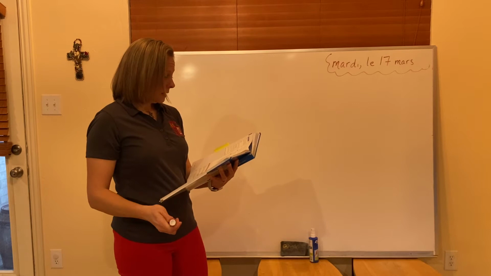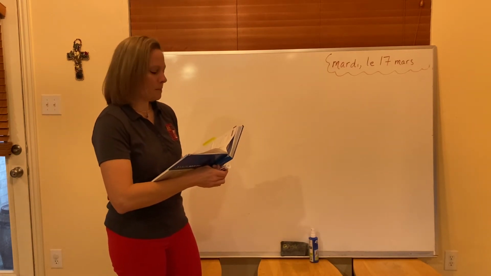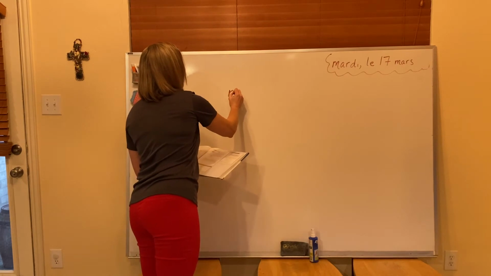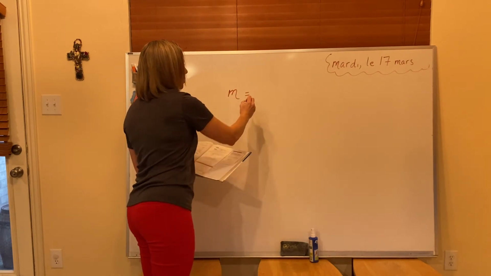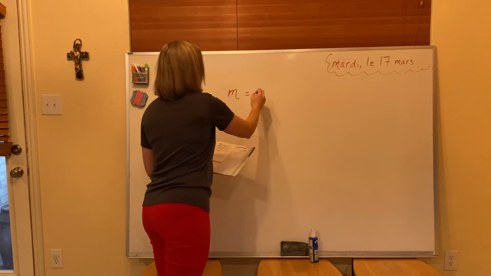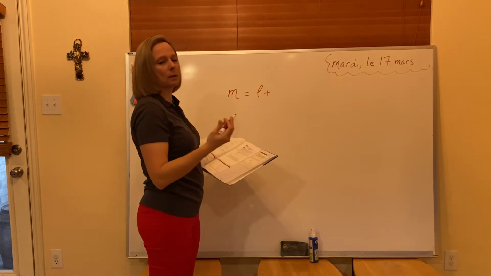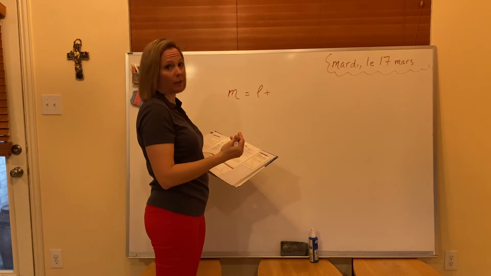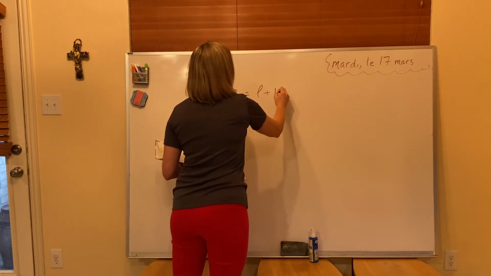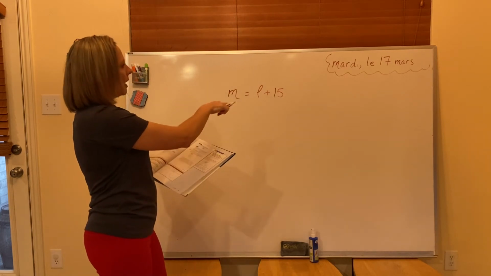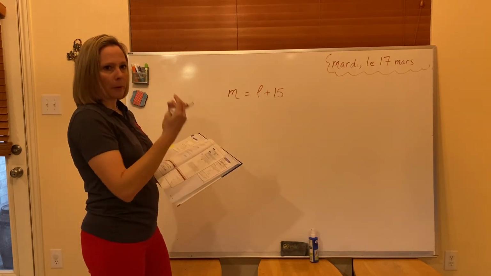So let's write our function, our rule. M is equal to L plus 15. That's the rule we determined would help us fill in our chart. This is our function for this table, the rule that helps us determine the missing numbers.